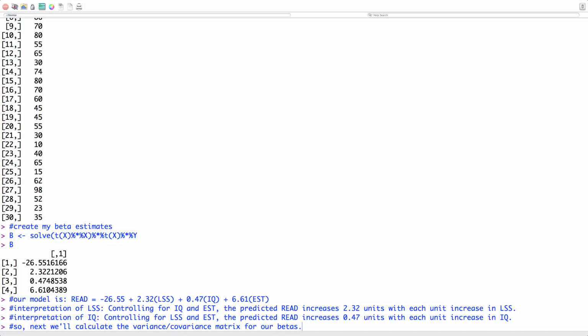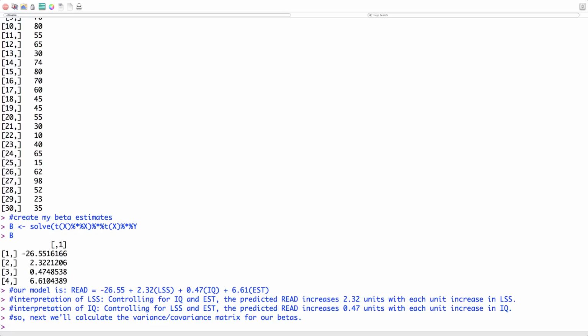So guys, remember, this can be calculated by taking our mean square error times X transpose times our X, and raising that to the -1 power, taking the inverse of that.